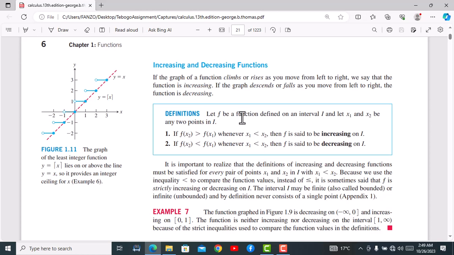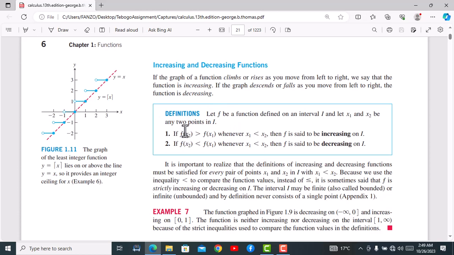And for each value of x, there should be a corresponding value of y. And therefore we are saying x1 is the first value we are inputting in a function, and the second value that we are also inputting can be any 2 points on this function.